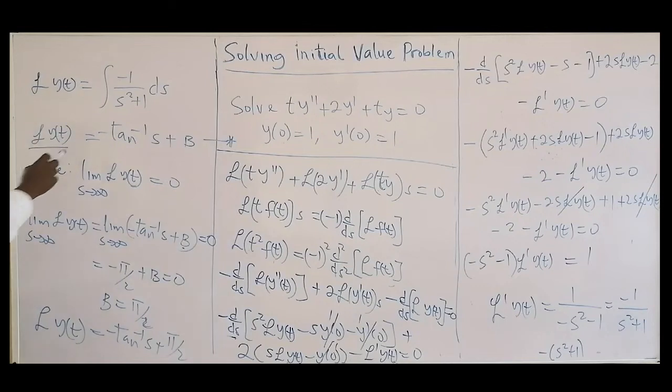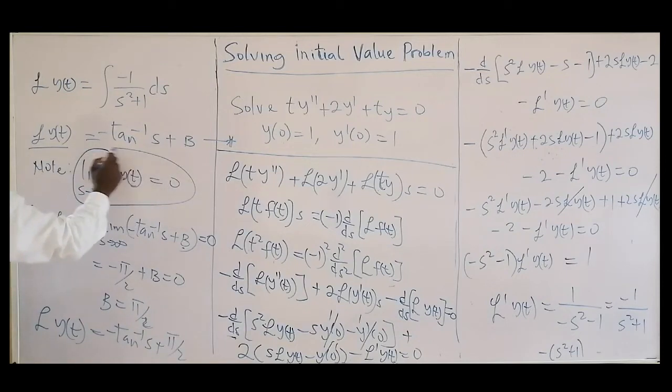When you are here, you need to get the b, and the best thing is just to take the limit of this as x tends to infinity. The fact is that the limit of Laplace as x tends to infinity is 0. It's just a known fact. Use that and get your b.